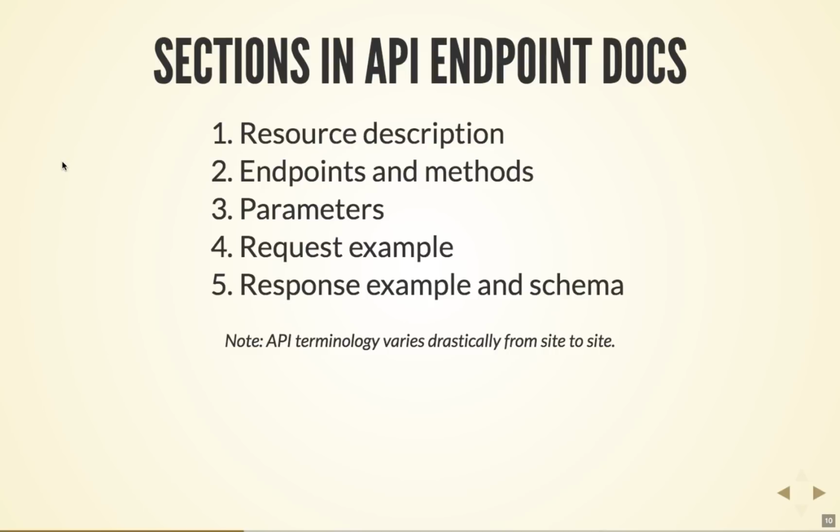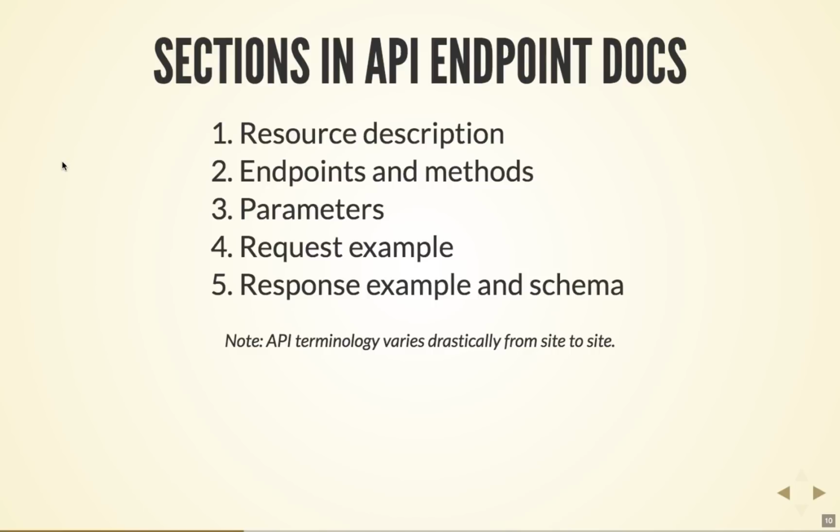You could have parameters in the header of the request, in the actual URL. In that case, they could be path parameters or query string parameters. And then there's another type of parameter called a request body parameter, and I'll show this in a sample in a minute. You include a request example, like that sample curl statement, and then a sample response.